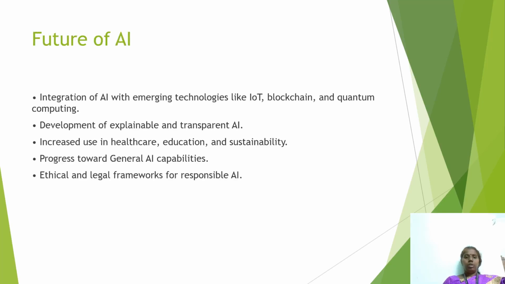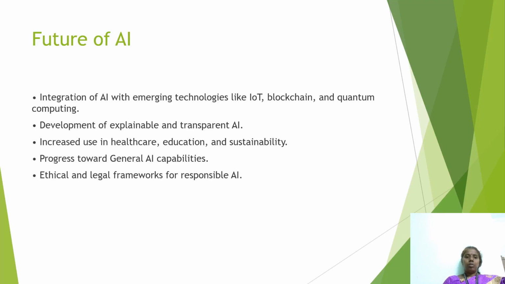Now we are going to see about the future of artificial intelligence. We already discussed what AI is and how it works. So we have to use the AI in the future. First, integration of artificial intelligence with emerging technologies like IoT, blockchain, and quantum computing.